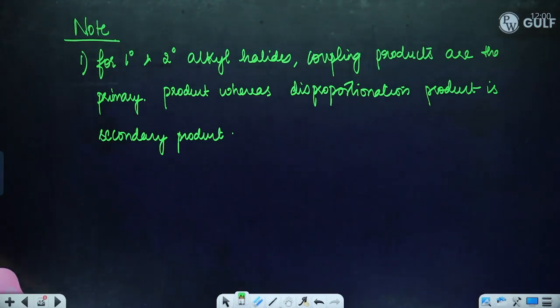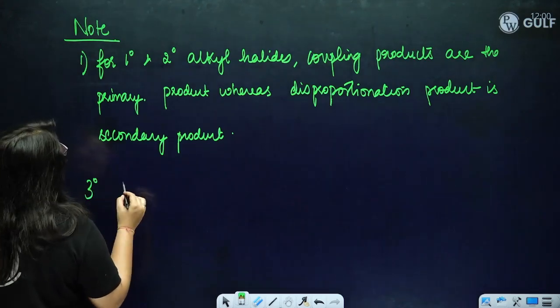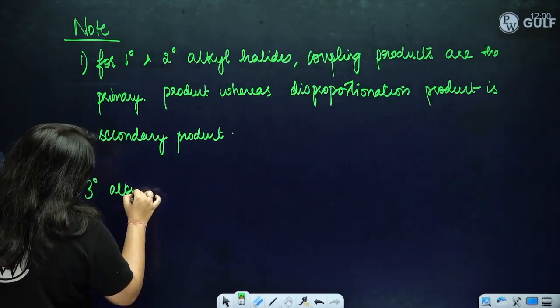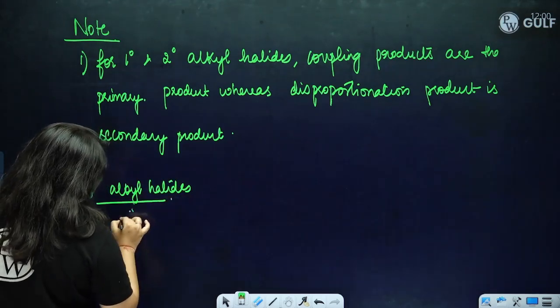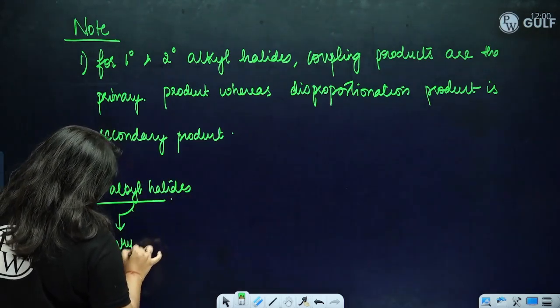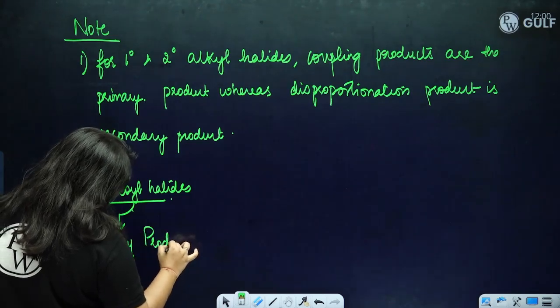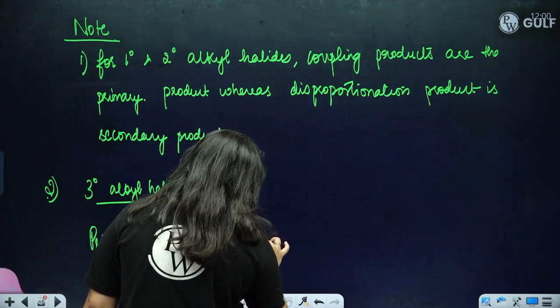Whereas in the case of tertiary alkyl halides, primary product is disproportionation product.